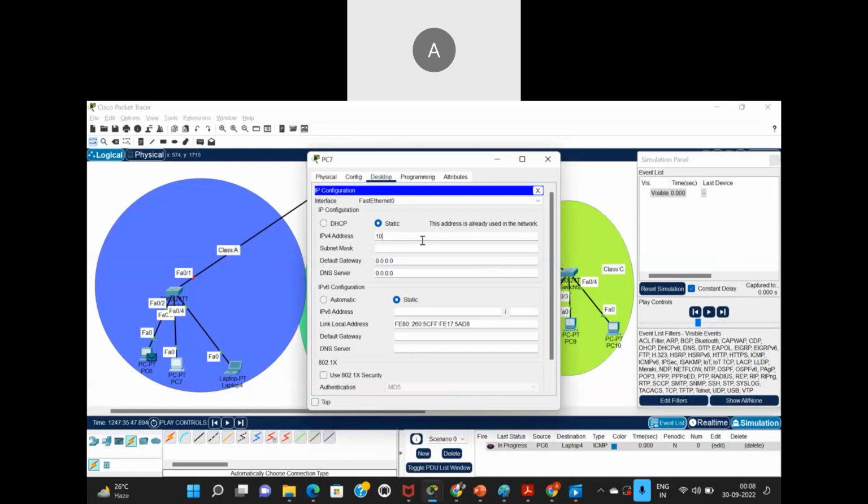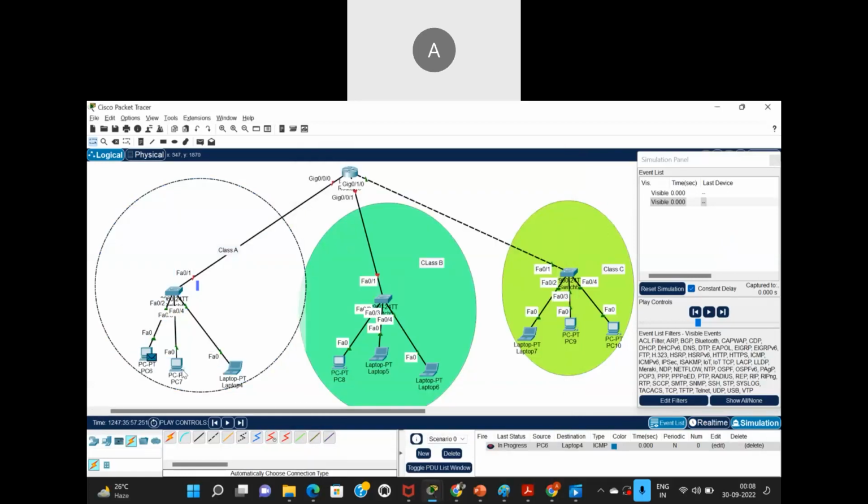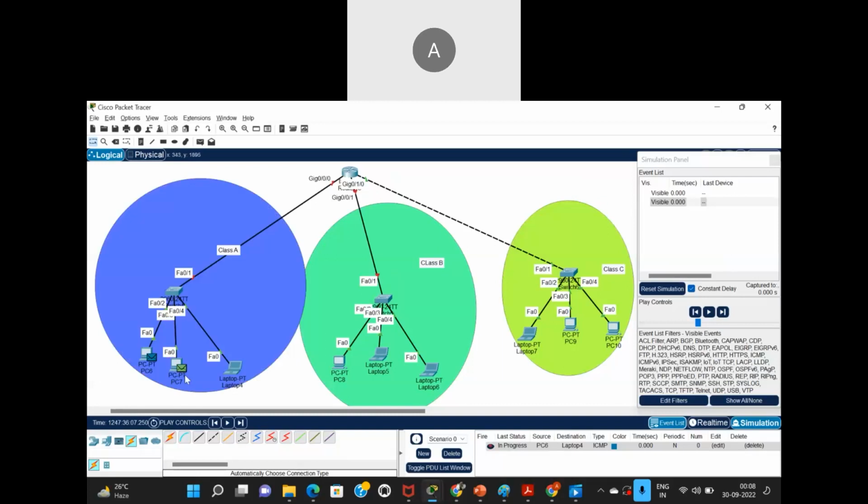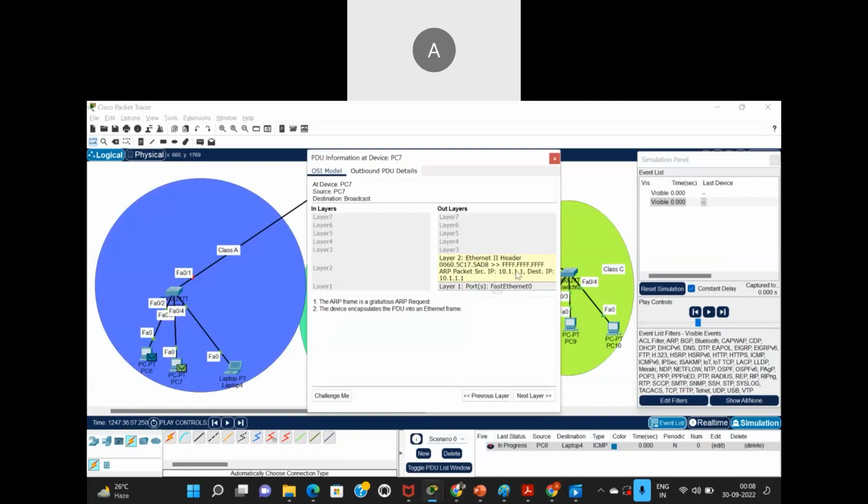It says 10.1.1 and it tries to get the same IP as me. What happens? A gratuitous ARP packet is generated and the source is also 10.1.1, destination is 10.1.1, and it sends it out to everybody in the network. Let's see what happens.